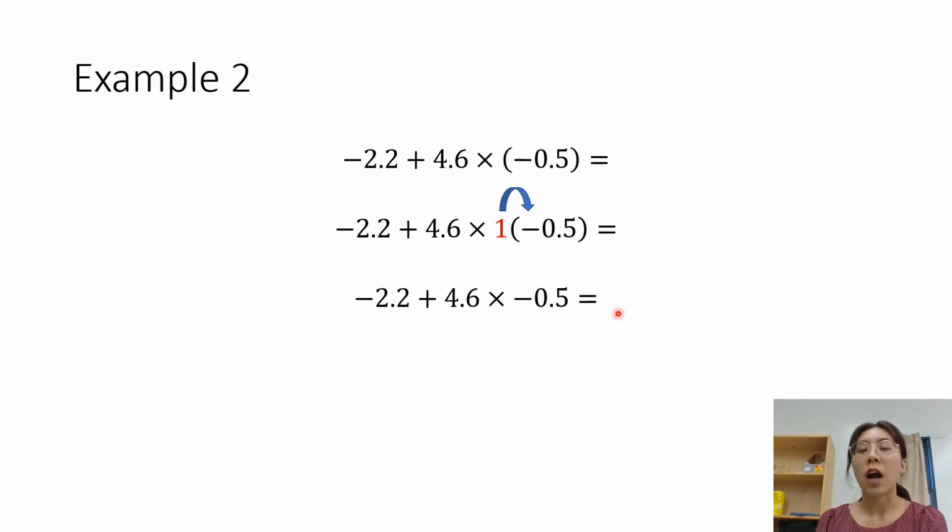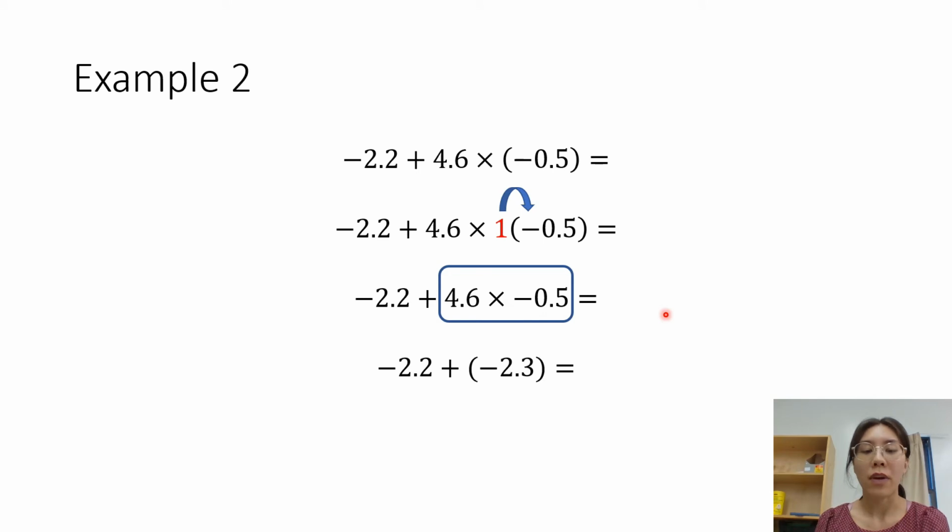Our next order of operation is, well, we don't have exponents, but we have multiplication. So we're going to solve this part next. To solve this part, we go 4.6 multiplied by negative 0.5, and I'll bring down this negative 2.2 again, and we have plus.